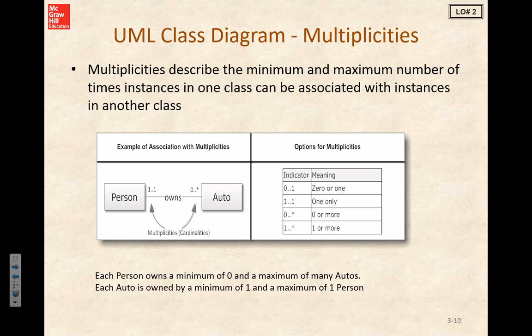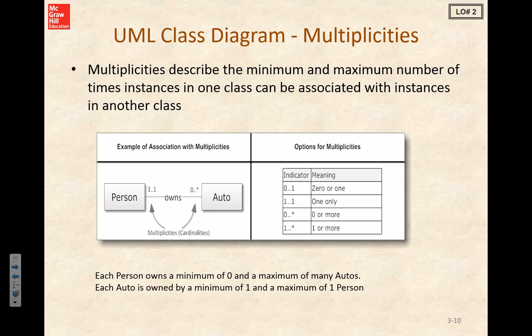Now let's take a closer look at the multiplicities. Multiplicities describe the minimum and maximum number of times instances in one class can be associated with instances in another class. In a binary association, there would be two sets of multiplicities. For a minimum, if participation is optional, we would have a 0, or if mandatory, we would have a 1.